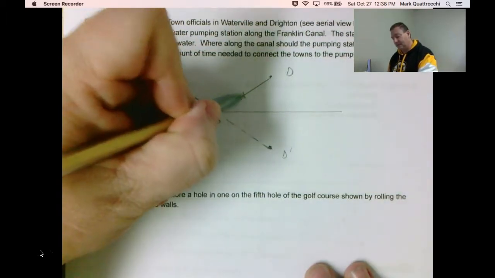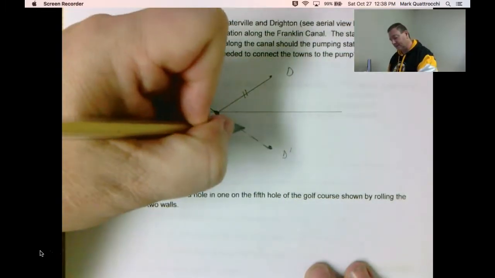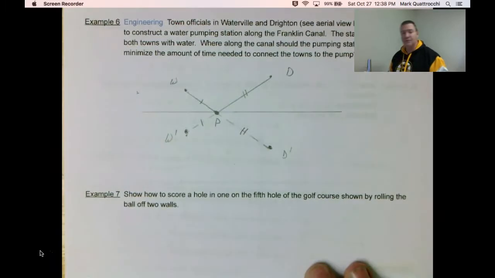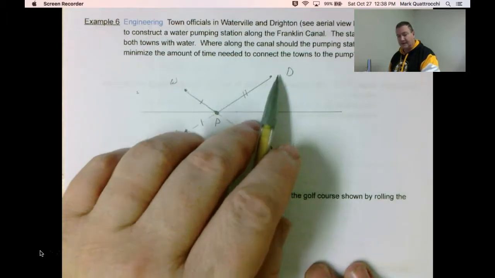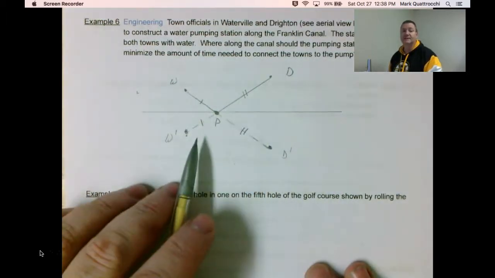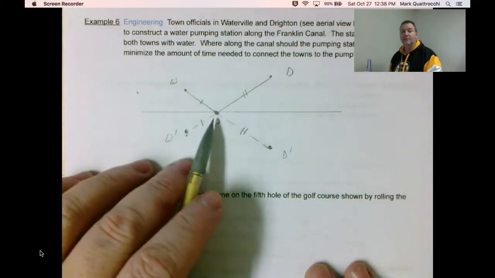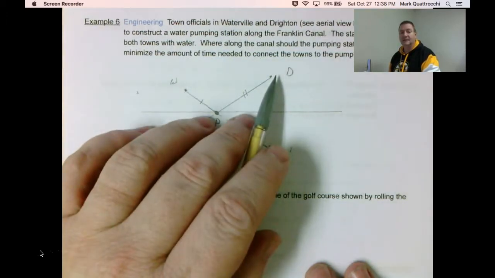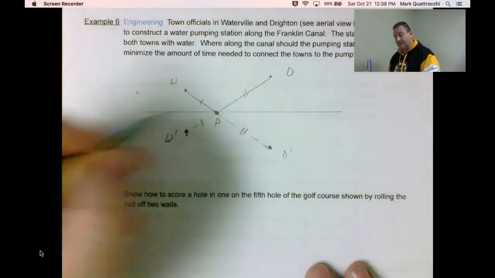Or D to P, segment DP, has to be congruent to segment D prime P. And if D prime D is the shortest distance between D prime and D, then W to P to D has to be the shortest distance, because they're the same length.